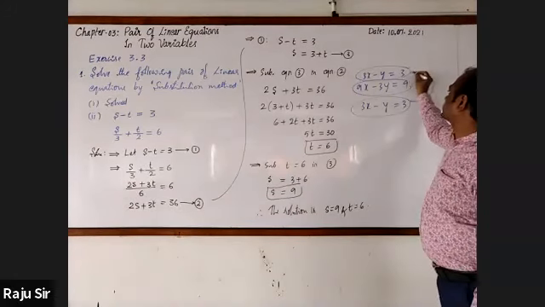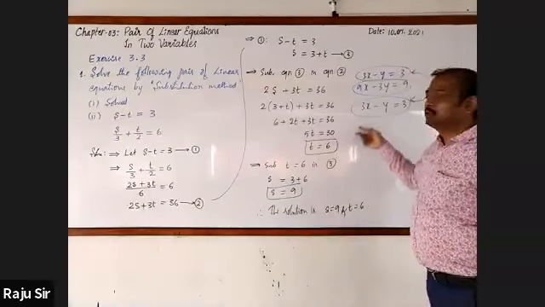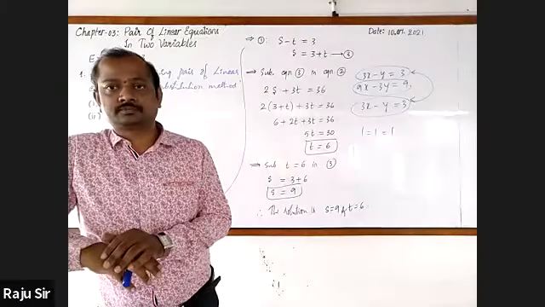Now look at the first equation and this equation. Both are one and the same. What about the ratio a1 by a2? 3 by 3 is 1. If all ratios are equal, what do you say? Infinitely many solutions.